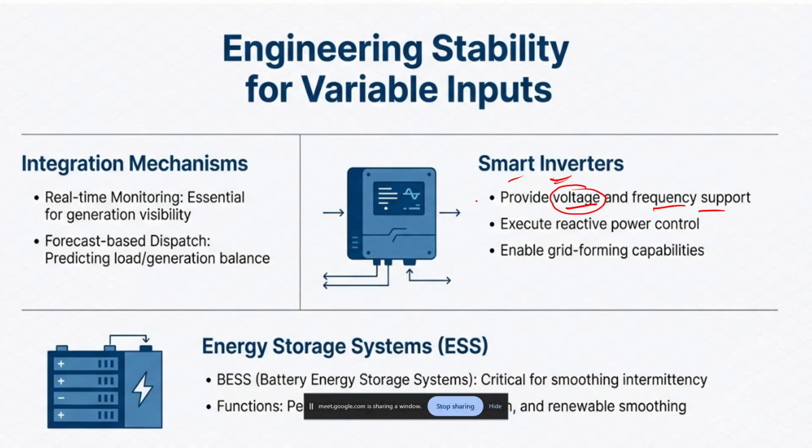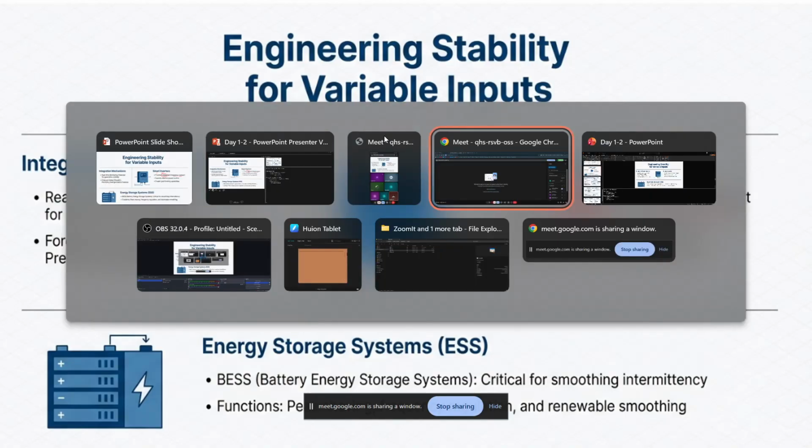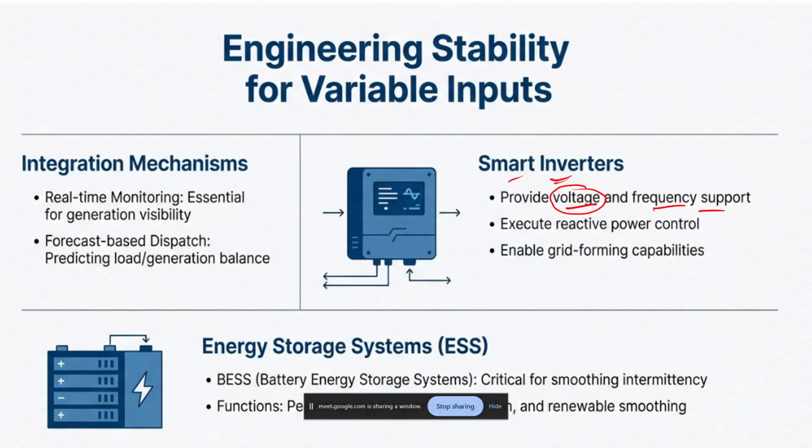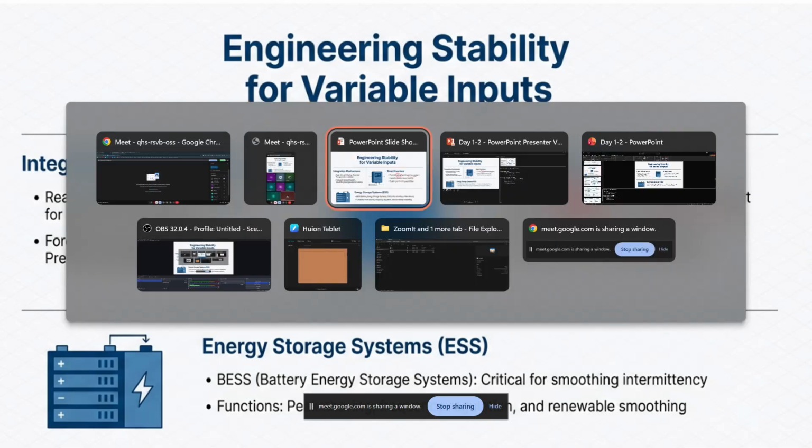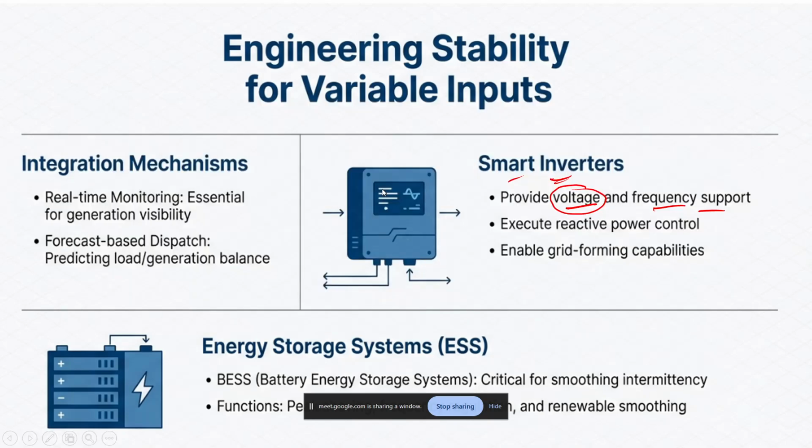So these smart inverters, what they will do is, these inverters will be having all the inputs from our sensors, and based on that input, they will take the decision, whether to increase or decrease the voltage or the frequency.